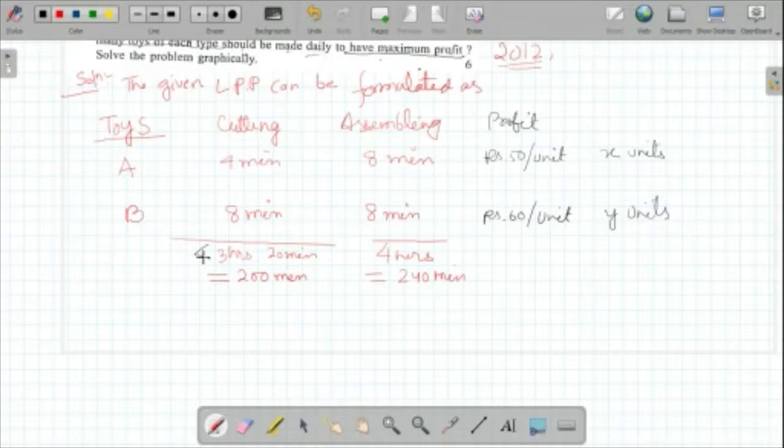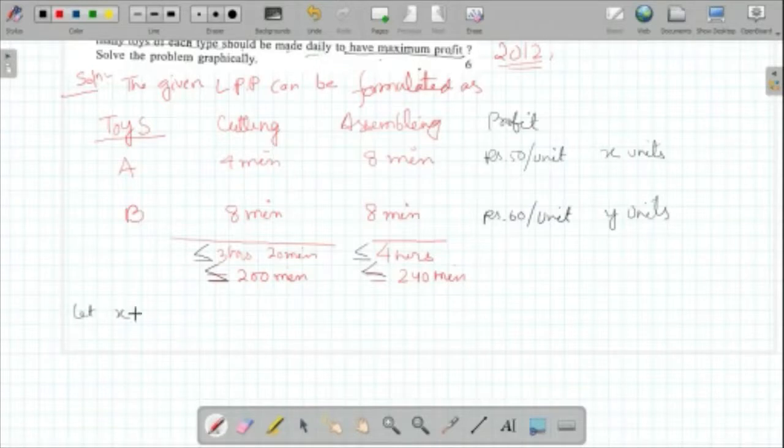It should be less than. So it will be less than or equal to 200. Similarly for assembling, it should be at the maximum 4 hours, at the most. It should be less than or equal to 4 hours, that means 240 minutes. Right? Okay.